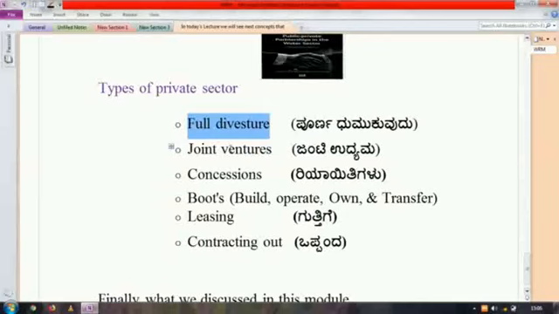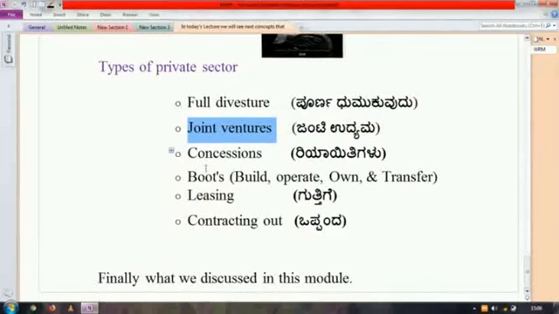So as the name highlights, joint ventures are a kind of partnership work. Here partial transfer of assets through share sales results in shared ownership and operating responsibilities between the private and public sectors, with the public sector taking a major role. Then concessions.